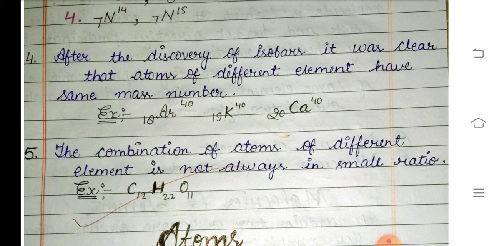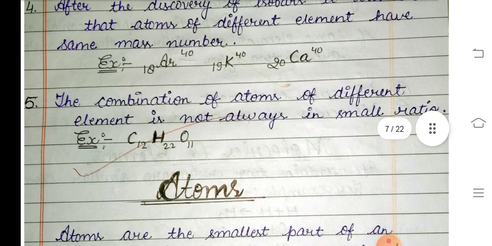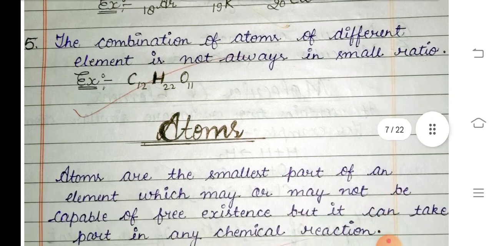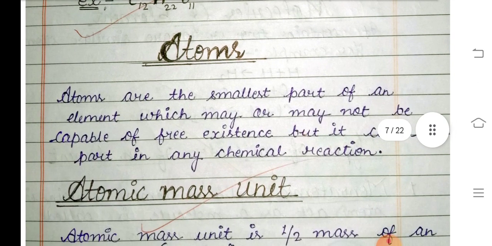After the discovery of isobars, it was clear that atoms of different elements have the same mass number. And the fifth one is that the combination of atoms of different elements is not always in the same ratio. So these are the drawbacks which you can write in your exam if you are asked any question, right?